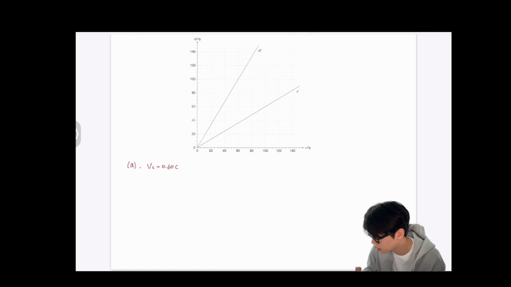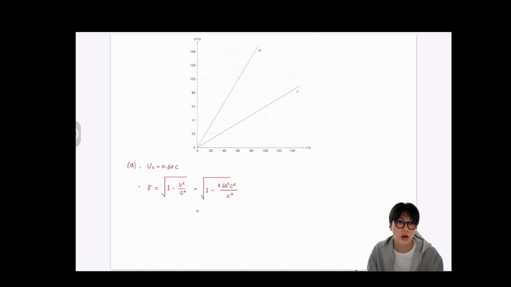So now we have to calculate the gamma, which is equal to the root of 1 minus v squared over c squared. So in this case, root of 1 minus 0.60 squared c squared over c squared. If you calculate using the calculator, you will get 0.8 as gamma.